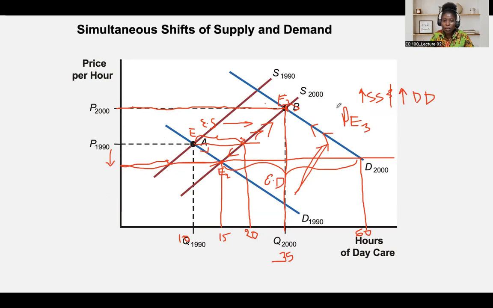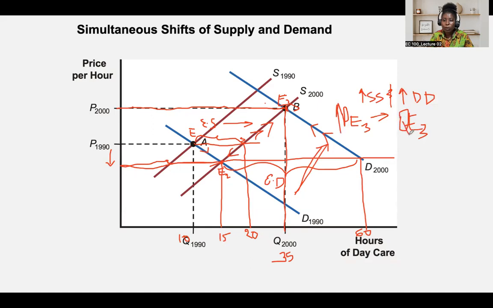So the equilibrium price has increased. And then what happened to the equilibrium quantity?